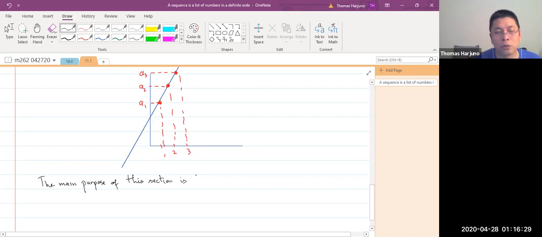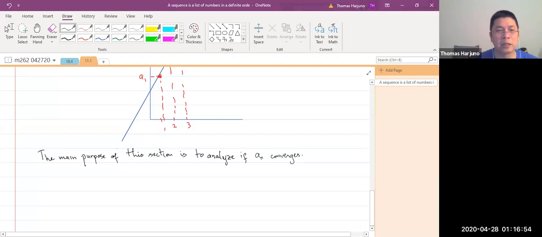is to analyze if the sequence a sub n converges.